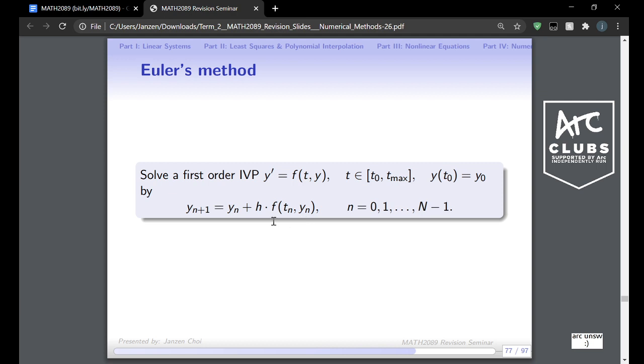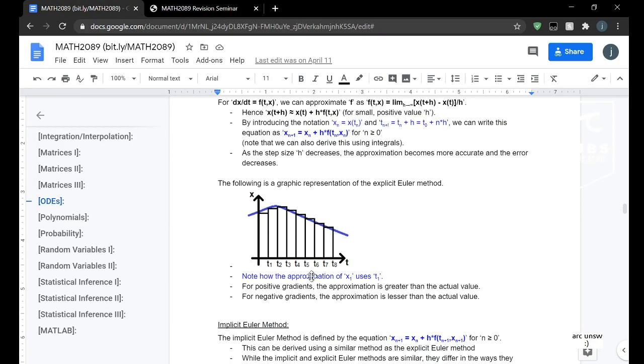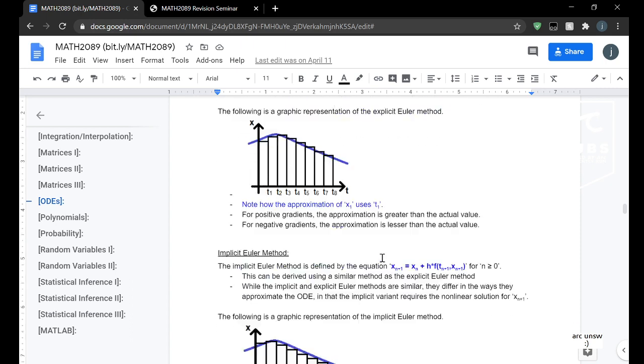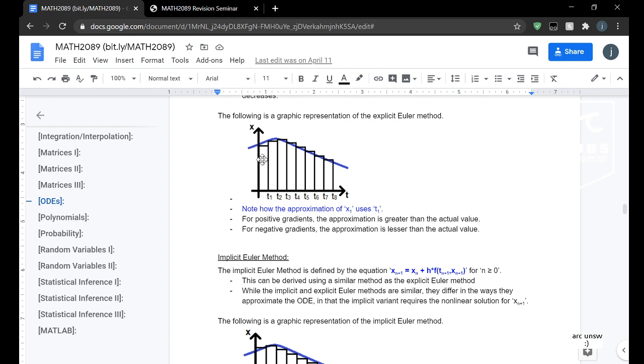Euler's method has two main versions, namely the explicit and implicit or indirect Euler method. The distinction between the versions being the y values we choose for the rectangles. So I'll just bring up these notes here. This is the explicit Euler method, whereas this is the implicit Euler method, and you can see that the rectangles used to approximate the integral differ slightly.